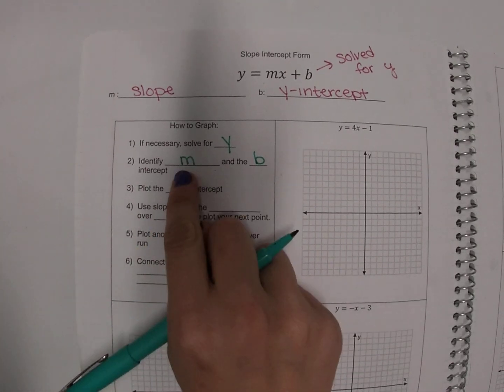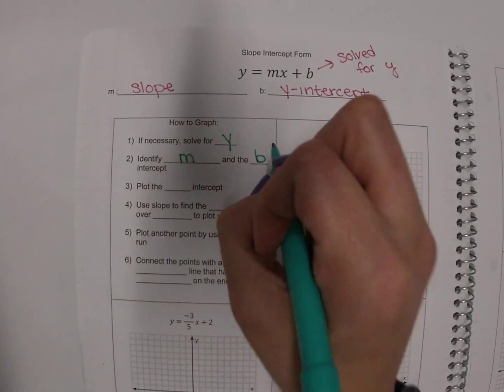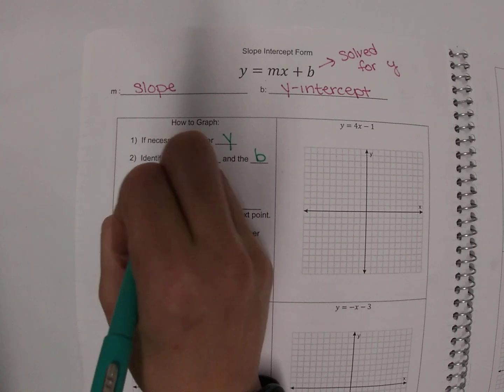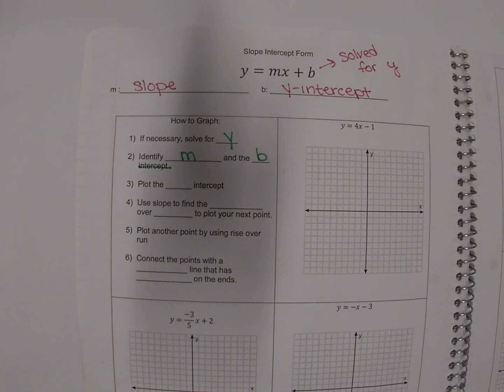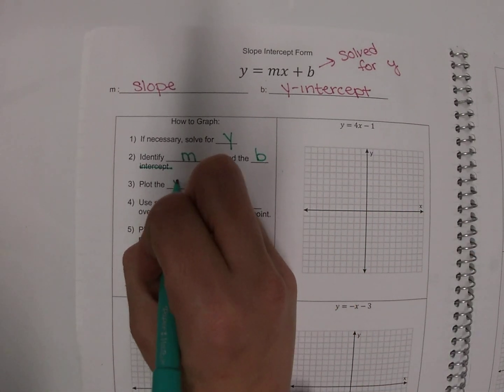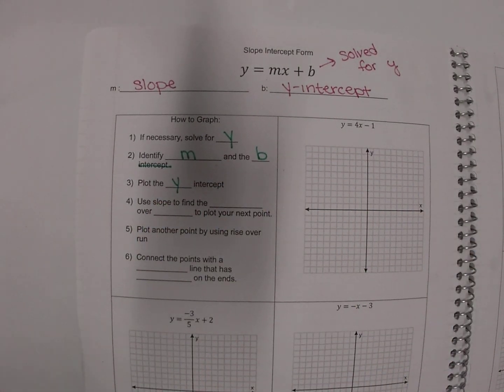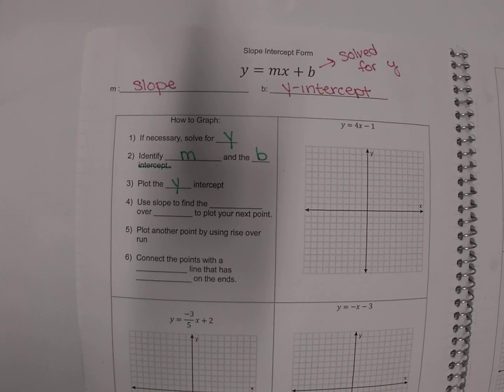So we're going to find our slope and our b, which is the, I should say, y-intercept. We are going to plot the y-intercept first. So we're going to plot that b value first.